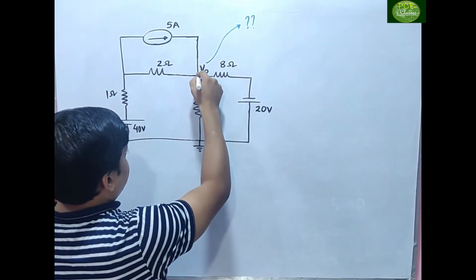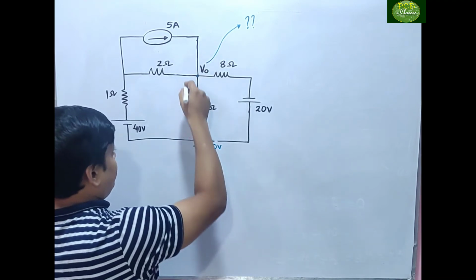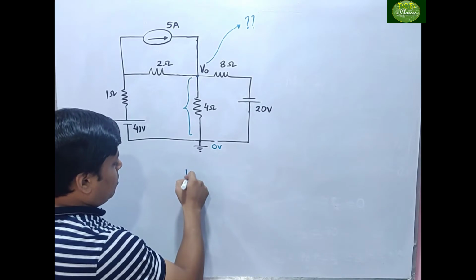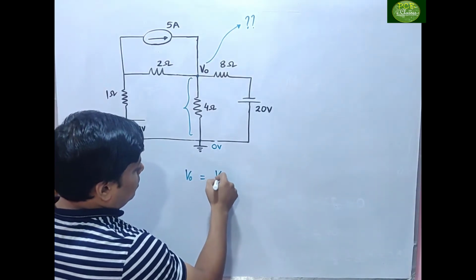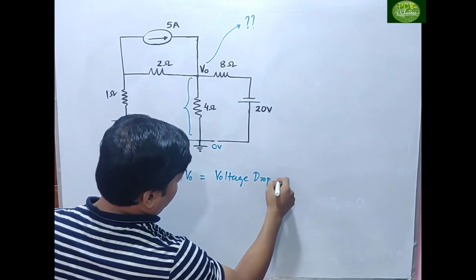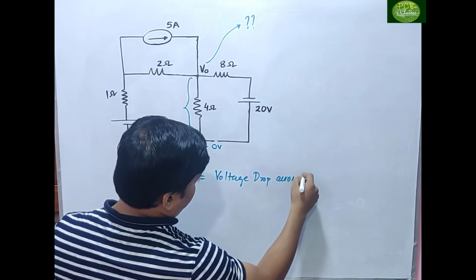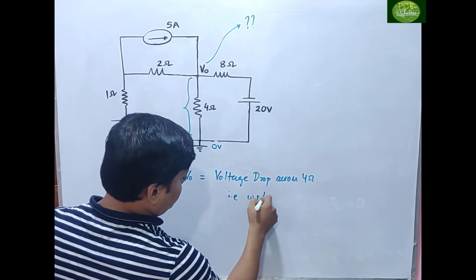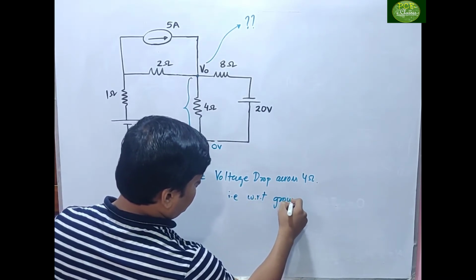So if I want to measure V0, that means I have to measure the voltage drop across the 4 ohm, with respect to ground.